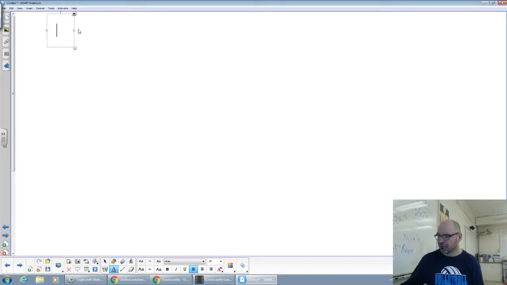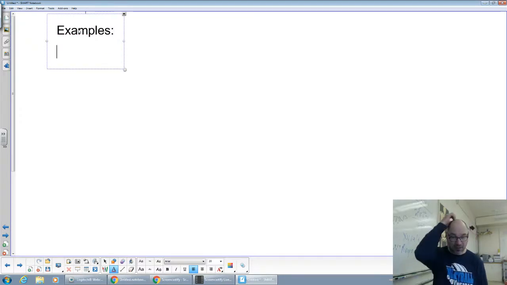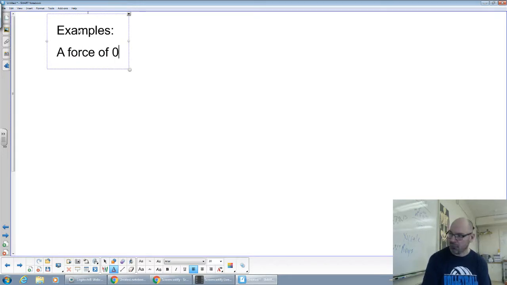I'll just throw up an example section here. Let's say we have a force of 0.36 newtons. Now, some people might be asking, how much is a normal electric field strength? What are some typical electric field strengths?